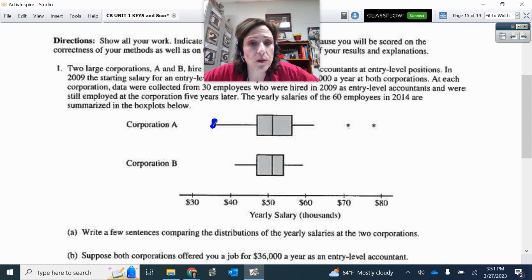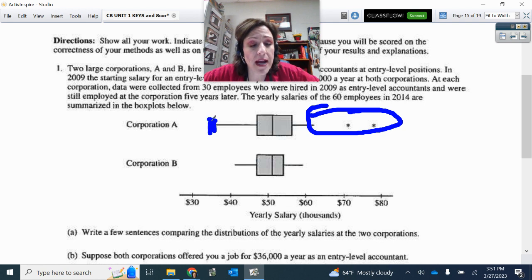At Corporation A, maybe I have much better chance for improvement because they have these higher values of salary above Corporation B. So something along those lines.